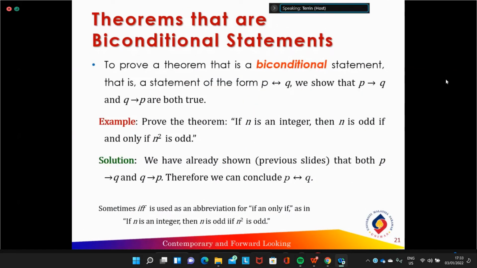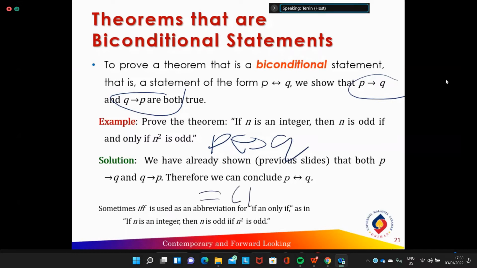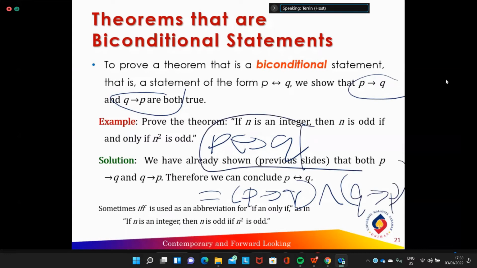So for biconditional condition, right, it's very easy. You have to prove P implies Q and Q implies P, because we know that the biconditional statement P if and only if Q is logically equivalent to P implies Q and Q implies P, because this is a very strict implication, we say, right?